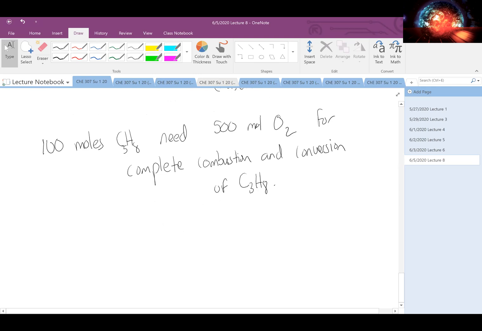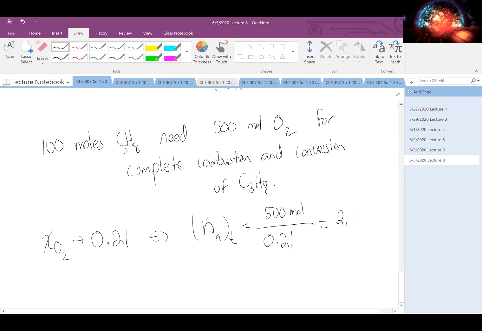Since my mole fraction of O2 in my feed is 0.21, that theoretical, which I'll call N sub air sub T, is going to be 500 moles over 0.21, or 2,381 moles of air. And that's my theoretical.